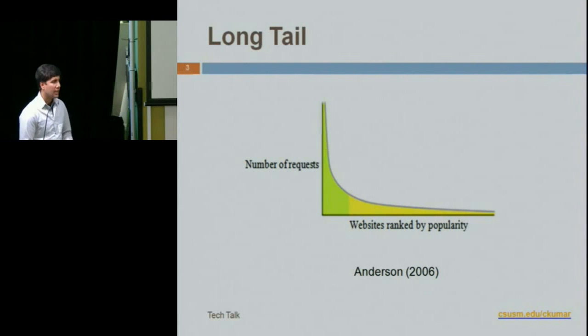The long tail characterizes the behavior that there are a few very frequently requested objects, which is shown by the steep end of the long tail, and a large number of infrequently requested objects that is shown by the tapering long tail. Now, what is interesting is that often 50% or more of the total requests may actually be taken up by these infrequently requested objects, and that forms the long tail.